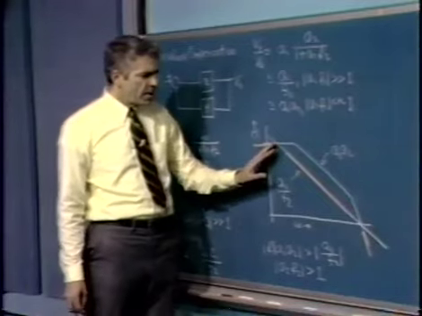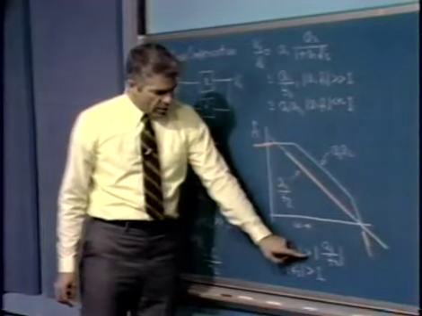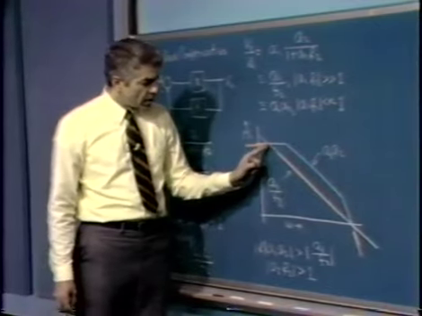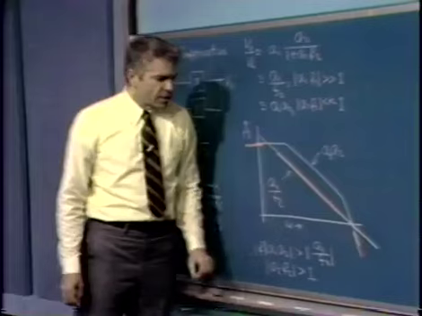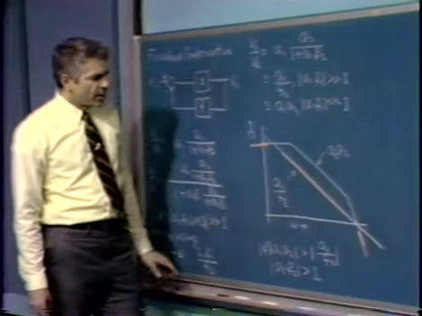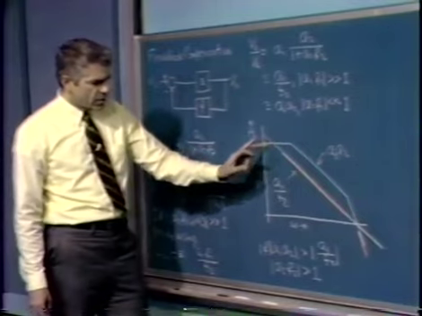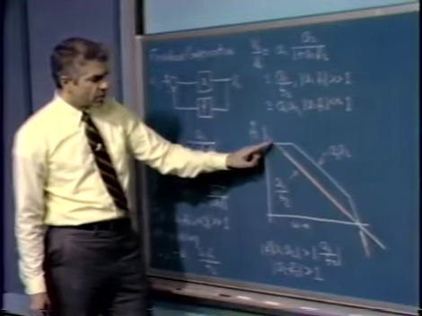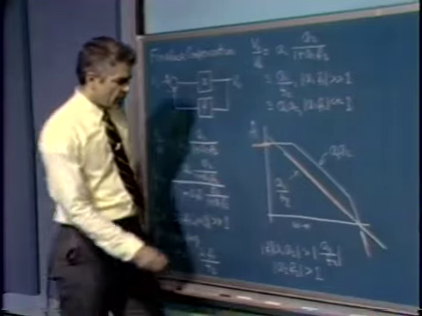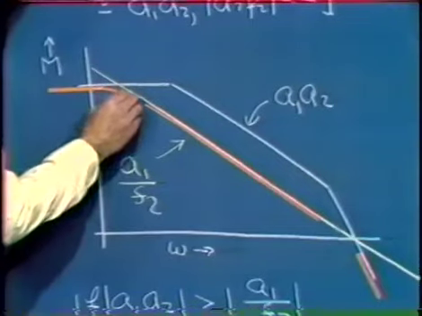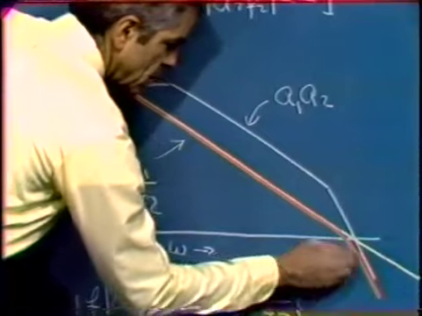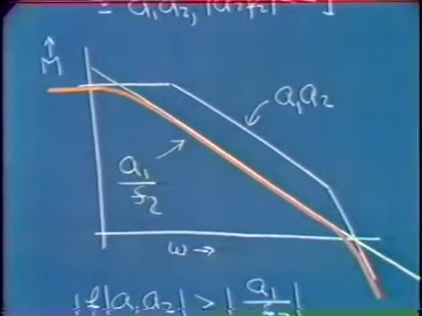We have to worry a little bit about what happens where the magnitudes are about equal. In other words, in this frequency range and in this frequency range. And if we did that carefully, we'd find that for this sort of situation where the slopes of the two curves differ by 1 unit on logarithmic coordinates at the intersections, we get basically the usual sort of single pole matching between the two curves.